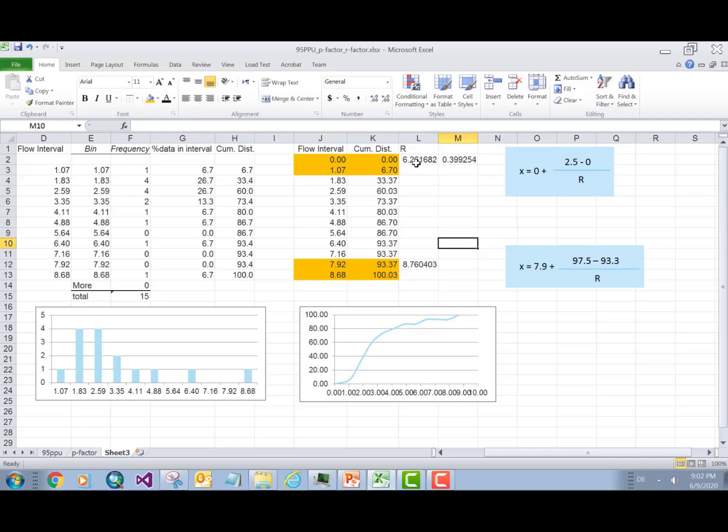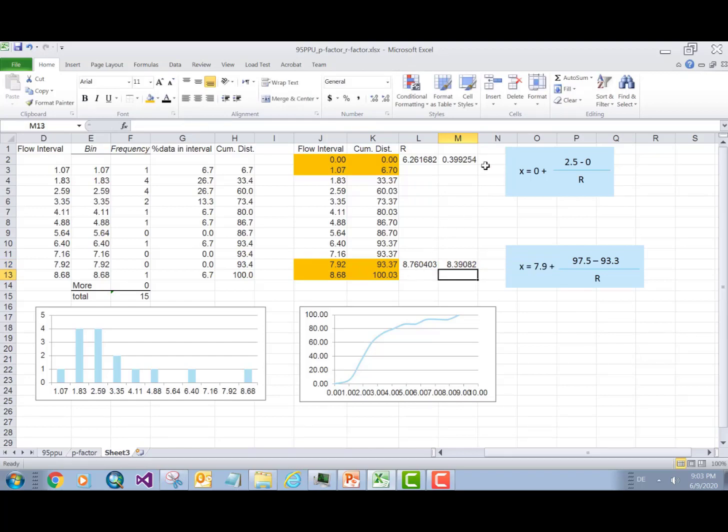And similarly this is equal to 7.92, which is this value, plus the value I'm looking for, 97.5, minus this value, divided by the ratio.